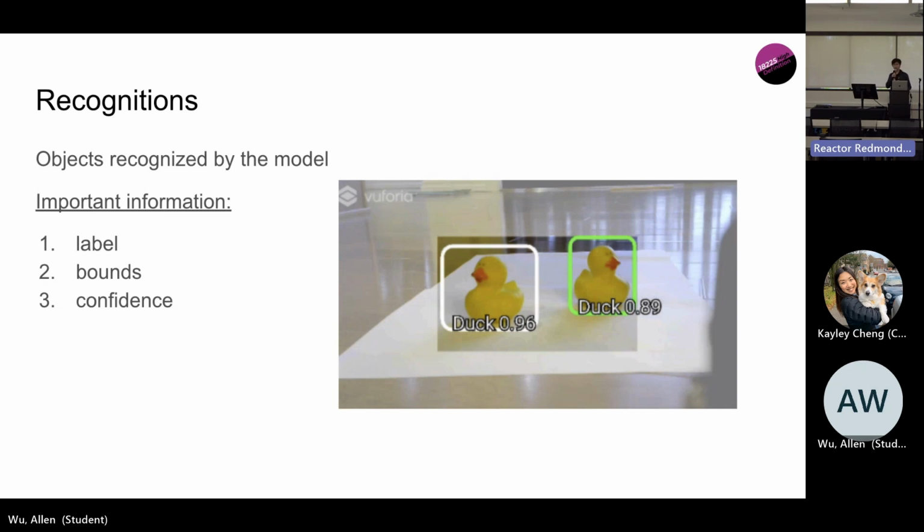The third important attribute is the confidence level, and this exists because TensorFlow isn't perfect, so it's never 100% sure that this is a duck. There's always some percentage of certainty it has with these objects. Now, if you set the confidence level to 0, like return all objects that you are more than 0% sure are that object, you're going to get a ton of objects all over the screen because something somewhat resembles a duck, and then you're going to get a ton of ducks.